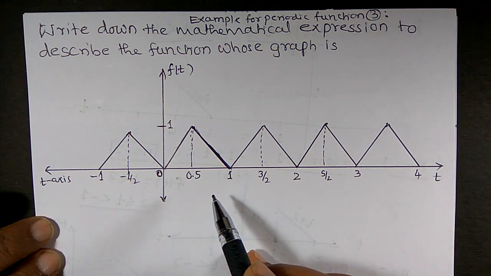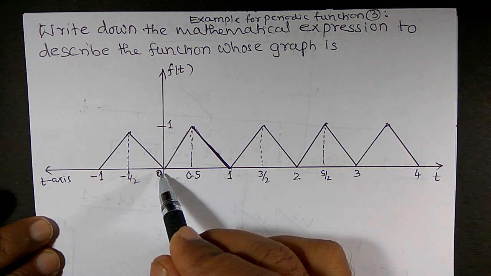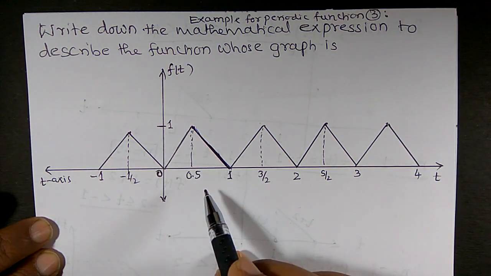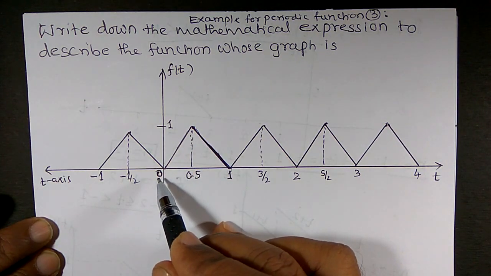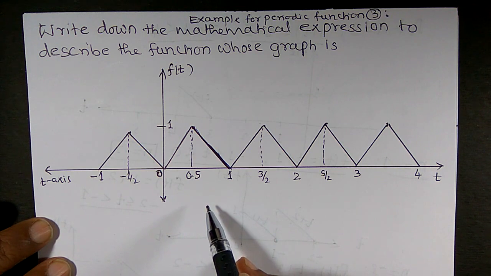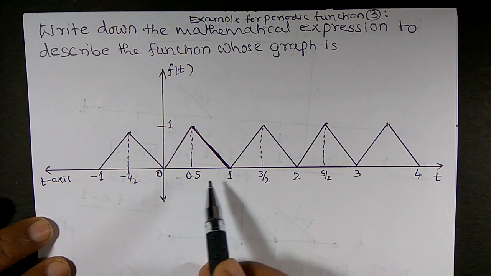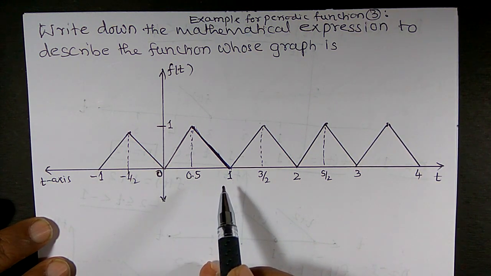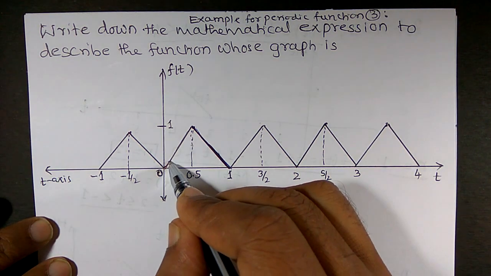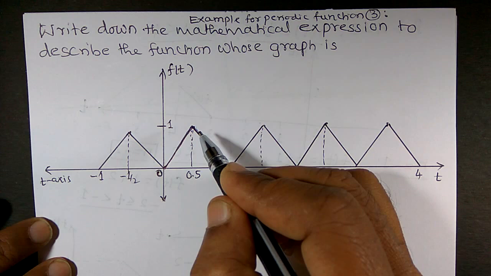As I have mentioned, the limit between 0 and 1 contains two stages. What is the function between 0 and 0.5? Before that, I can think about the period. The period is 1 unit, namely 1. Then I can think about the function for this part.